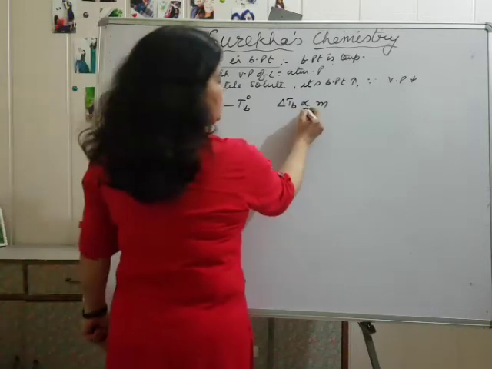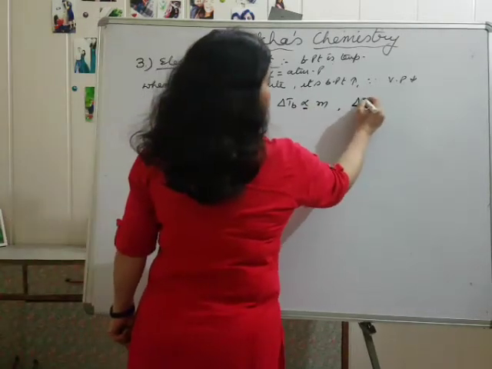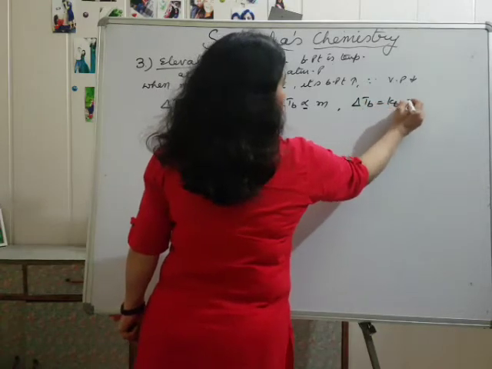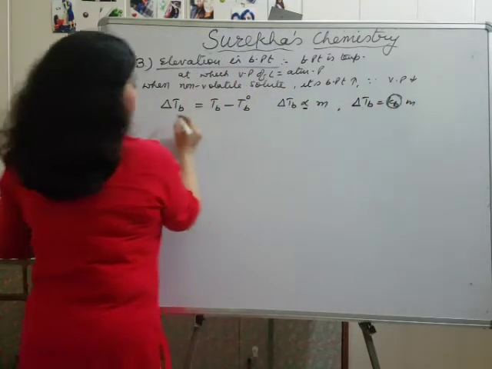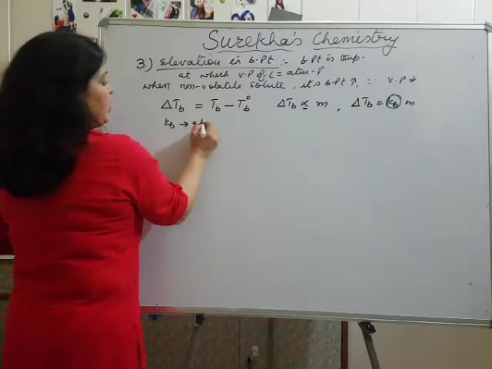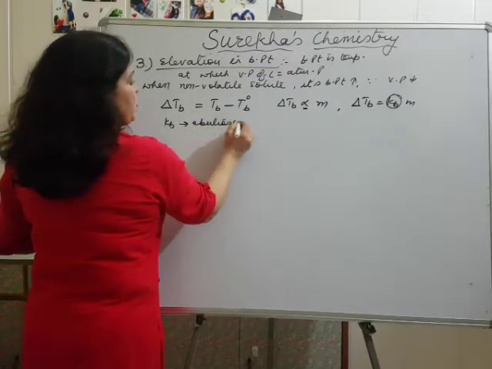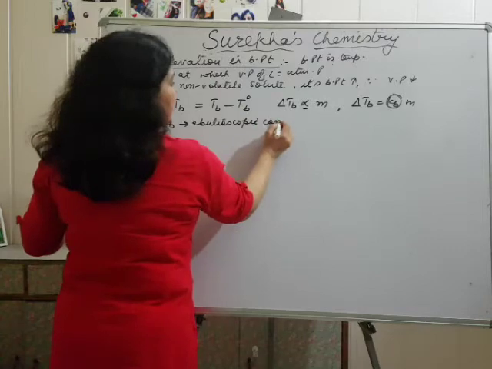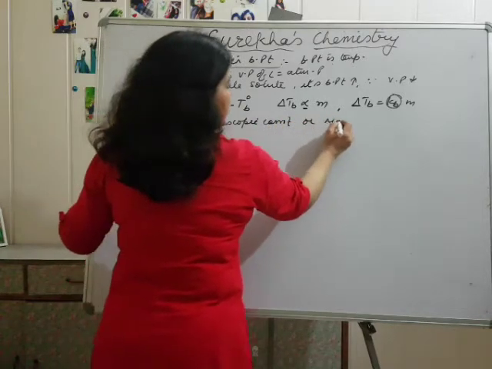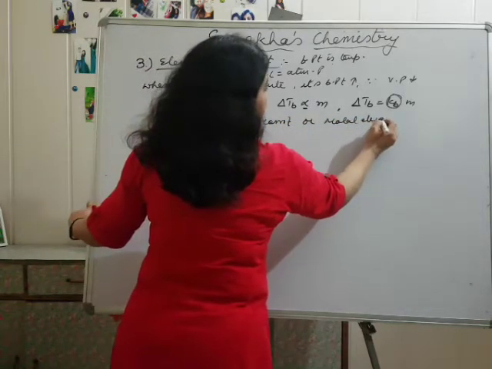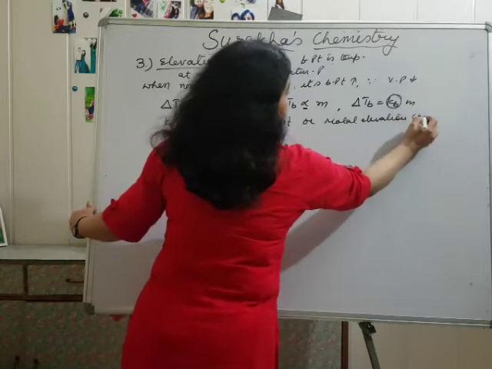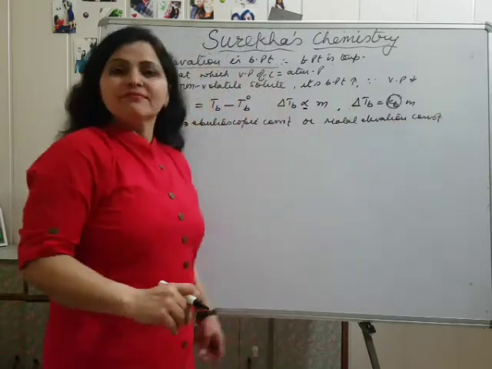So to remove this proportionality sign, we have to introduce one constant, Kb, into m. What is this Kb? This Kb is the ebullioscopic constant or molar elevation constant. What is its definition?